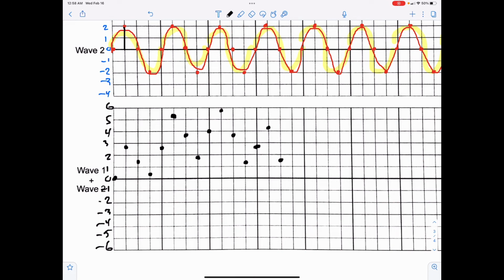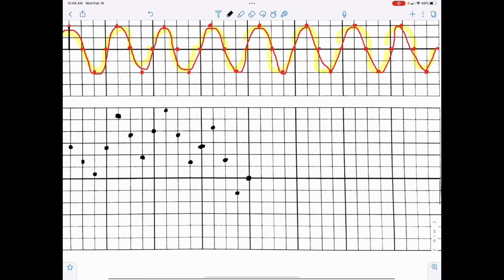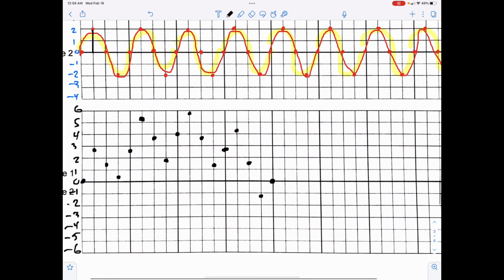At block 15, we're at negative 1.2. So now here's negative 1. Negative 1.2 is a little lower than that, so we're down here. Okay. Now at block 16, we're back to 0 again. Okay, we're halfway there. Block 17, we're back up to 1.2. Block 18, we're back down to negative 1.5.